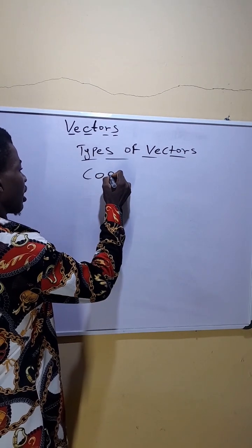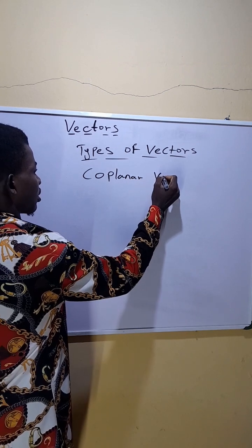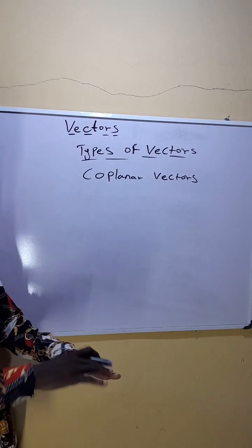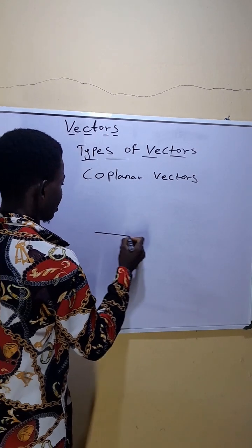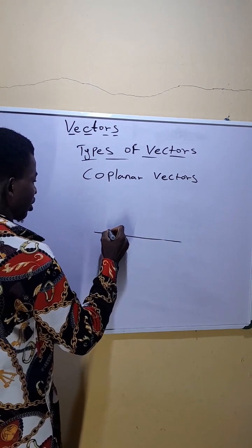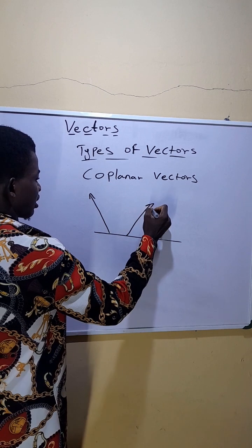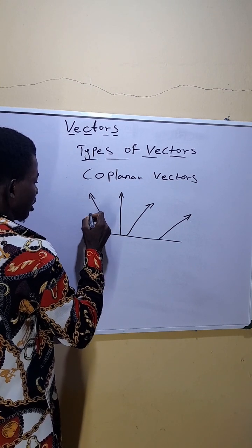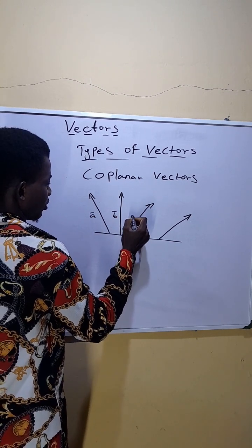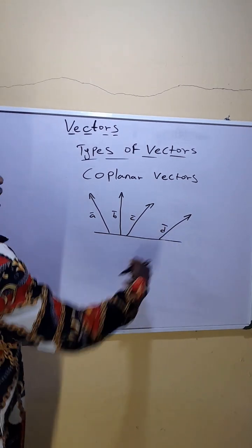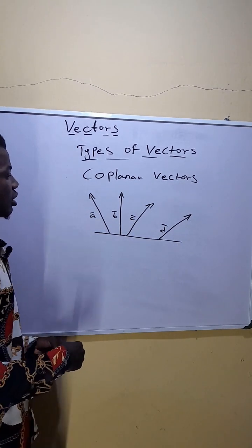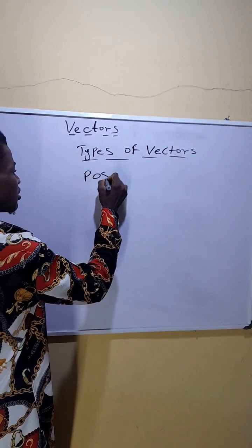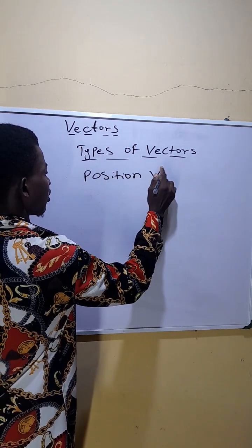The next one is coplanar vectors. Coplanar vectors are vectors that lie on the same plane. Let's take this as a plane, and these are vectors. They lie on the same plane. Let's call this one A, vector B, vector C, vector D. These are coplanar vectors. Next, we have position vectors.